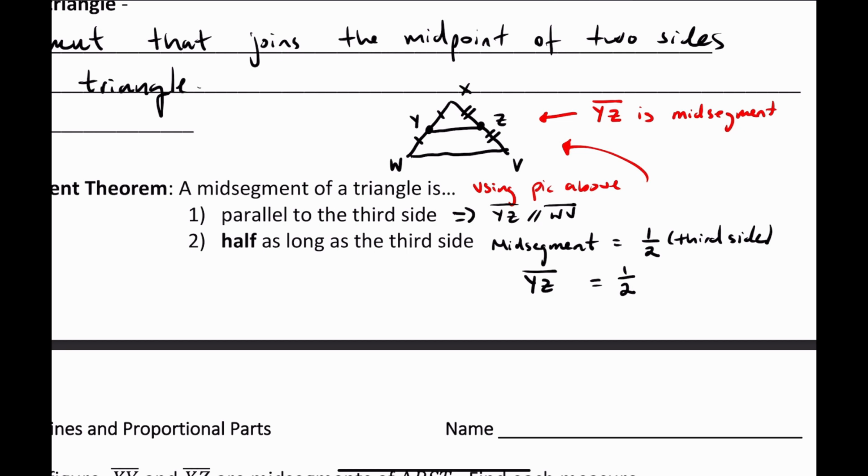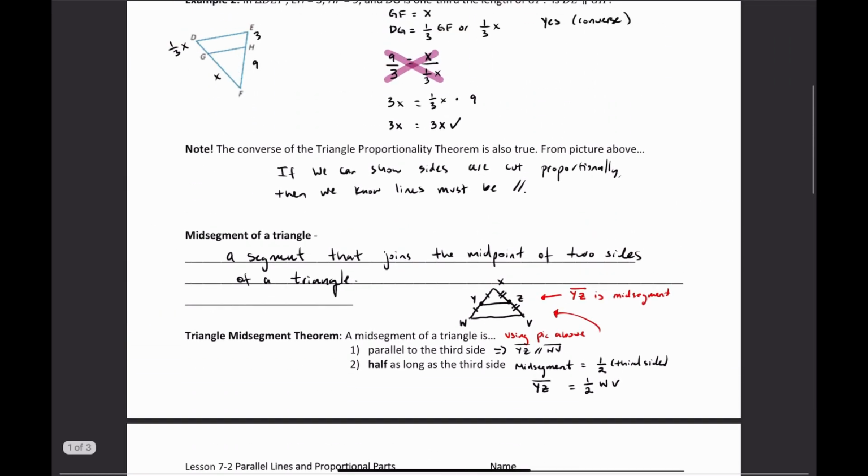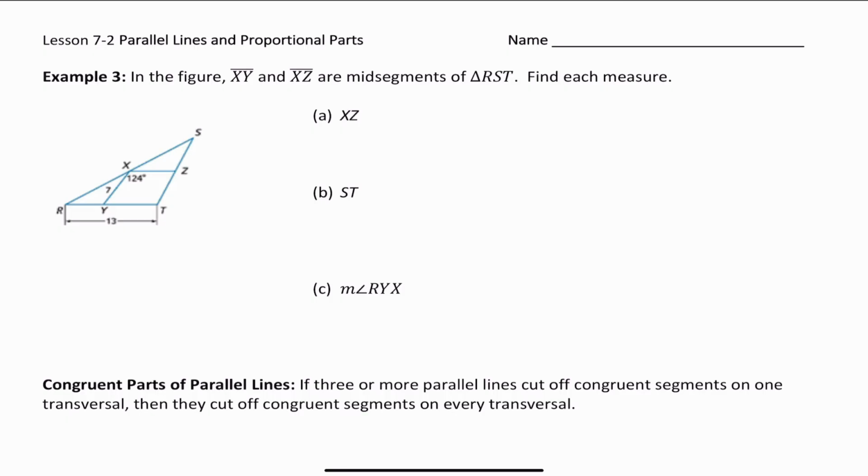Okay, and I don't really think we need to put the parentheses there, but 1/2 WV. Okay, so now I'm going to go ahead and move on to the second page of the notes.